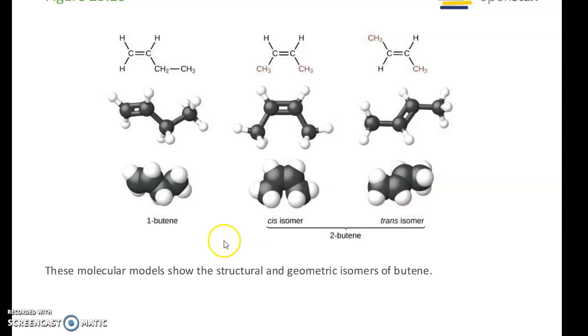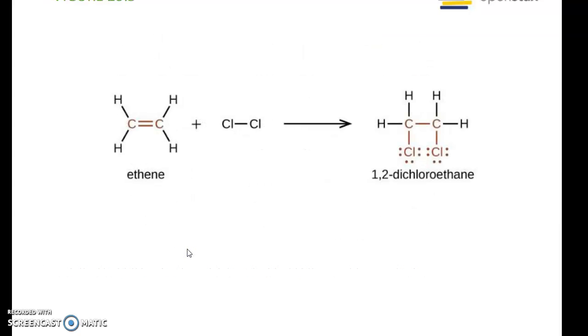So anyway, these are both 2-butene, but you have a cis one where both of these are on the same side, and you have the trans where they are opposite each other, right? So this is where cis and trans comes from, and this is a correct use of those words.